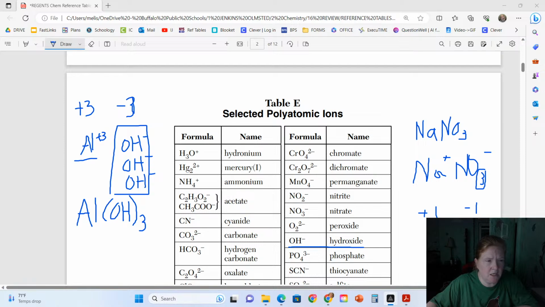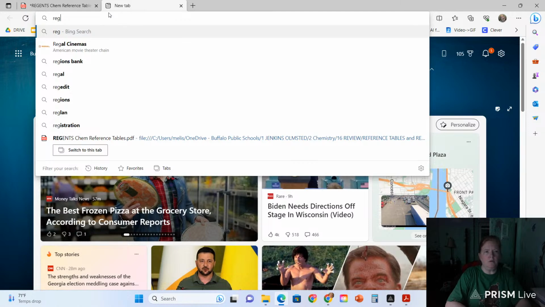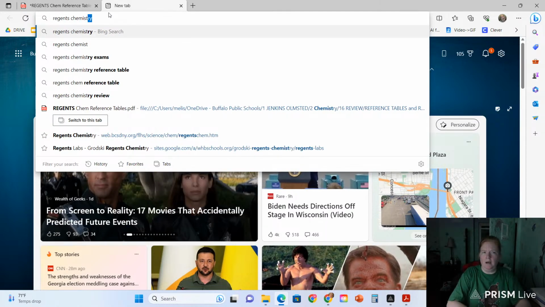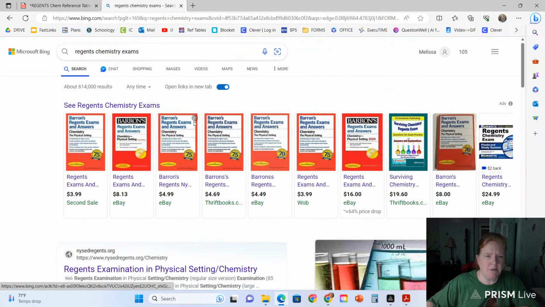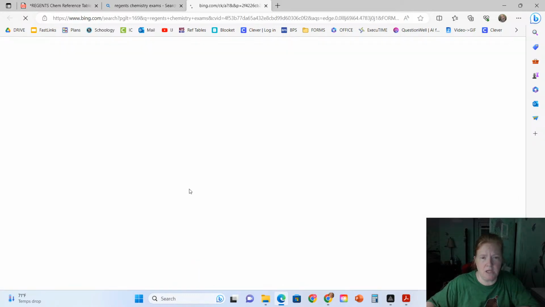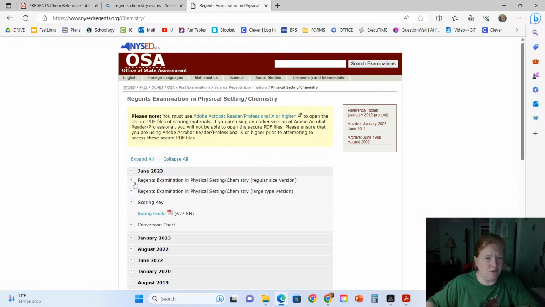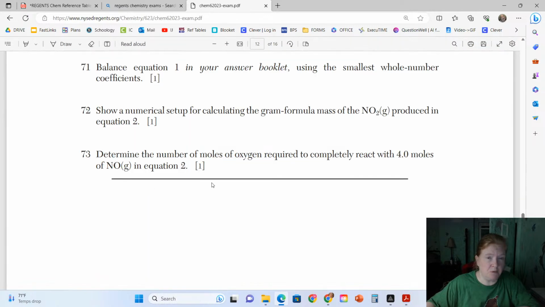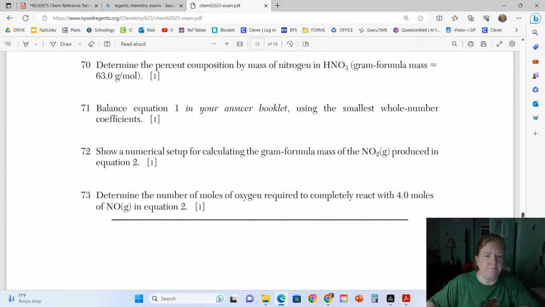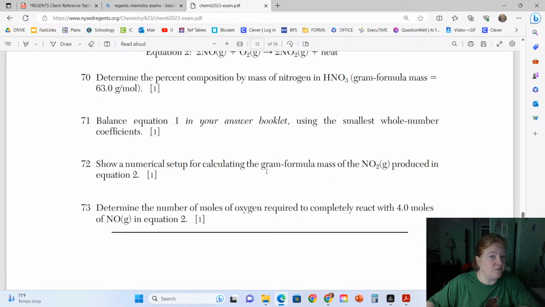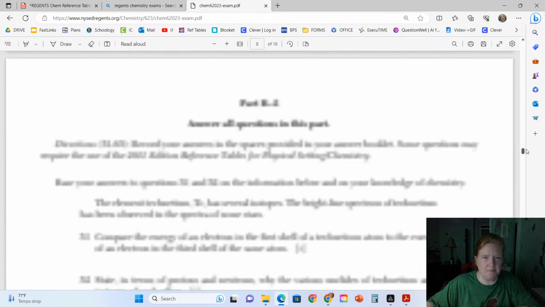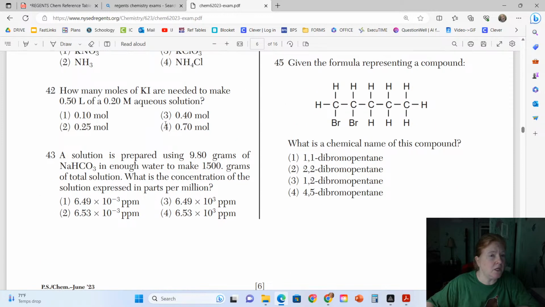Okay, so something I've seen repeat on the Regents. Let's see. So if I go to some topics for the exams, I will look at June just because I can point it out. You would have at least seen this one. Gram formula mass, usually that's on the exam somewhere. Calculating these two right here, calculating molarity, calculating parts per million, that's pretty popular.